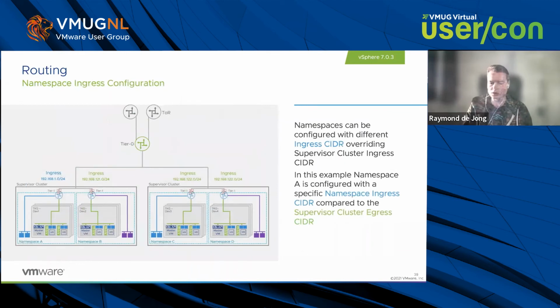And then 2 additional very important features is that on a namespace level, you can set ingress and egress IP addresses. Again, ingress is all about the service you're going to expose from your namespace to the network. And it means that the allocation of load balancers and ingress IPs will be on that level.